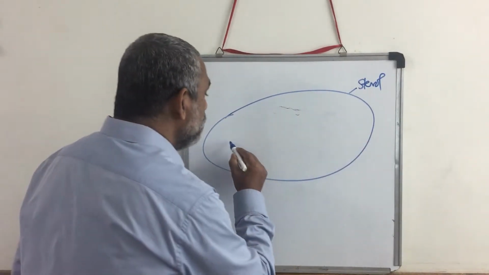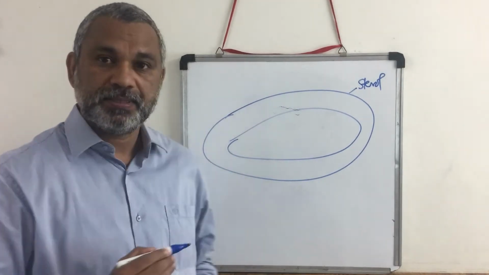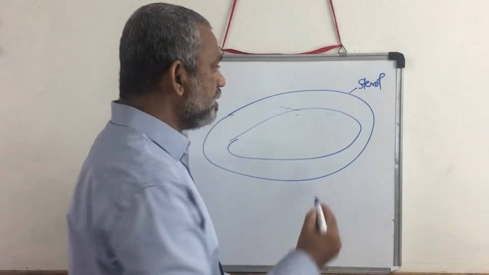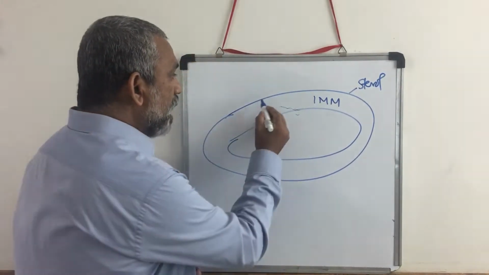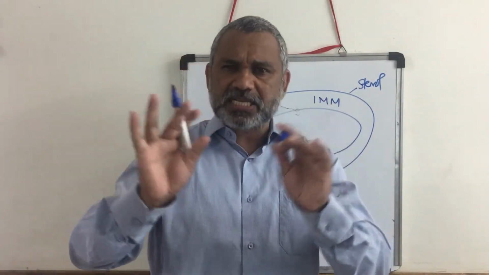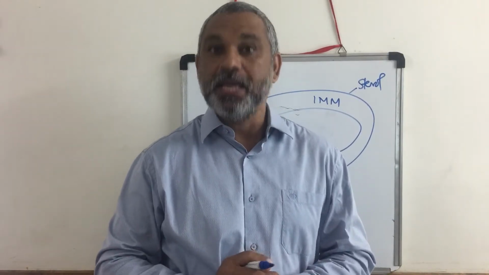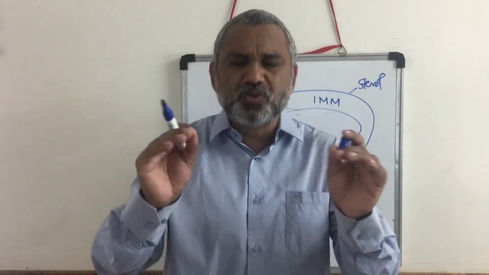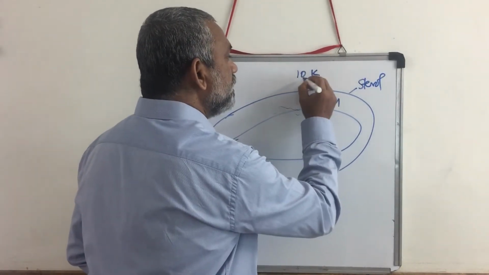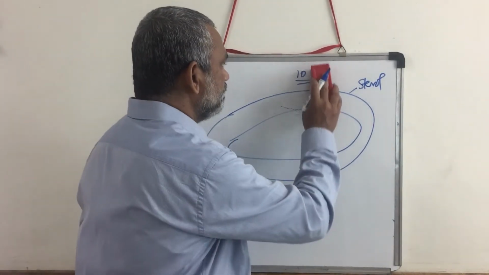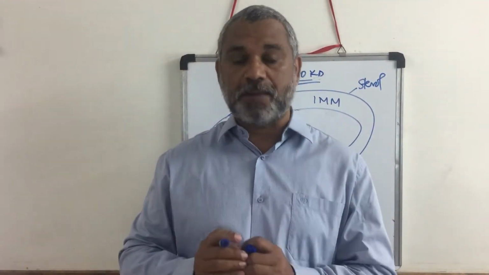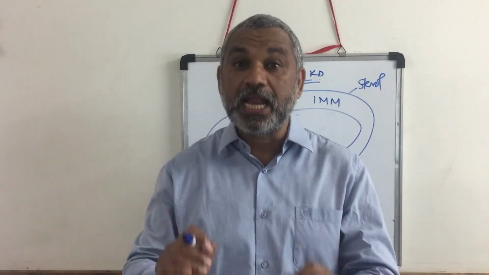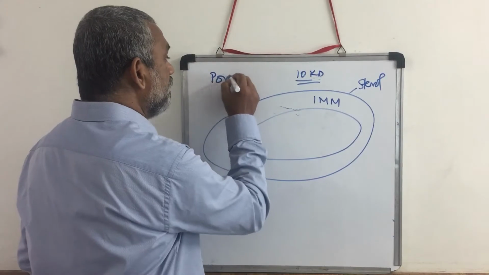As we move inside, you will find an inner wall, a second layer, and this is what we call the inner membrane space. The outer membrane does not allow all molecules to come in. It will allow molecules up to about 10,000 daltons to come inside, with the help of a protein known as porin.